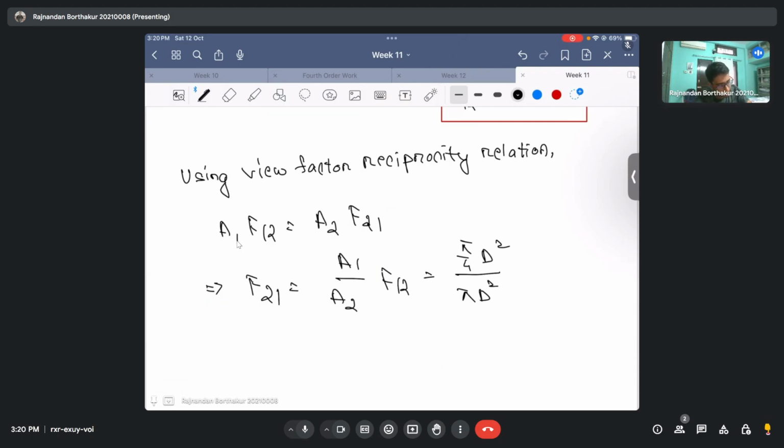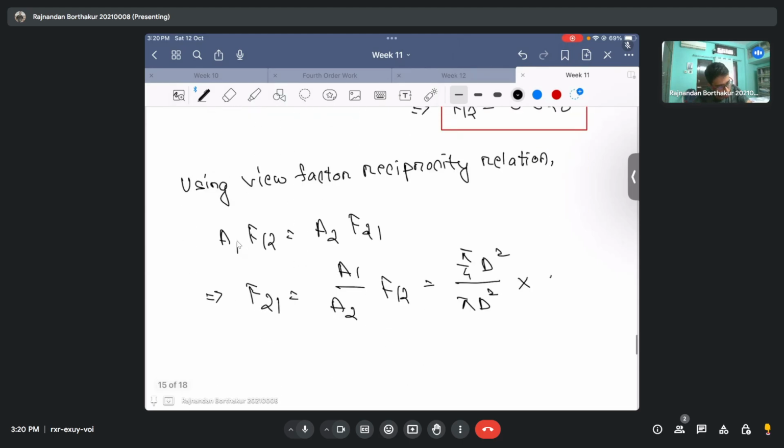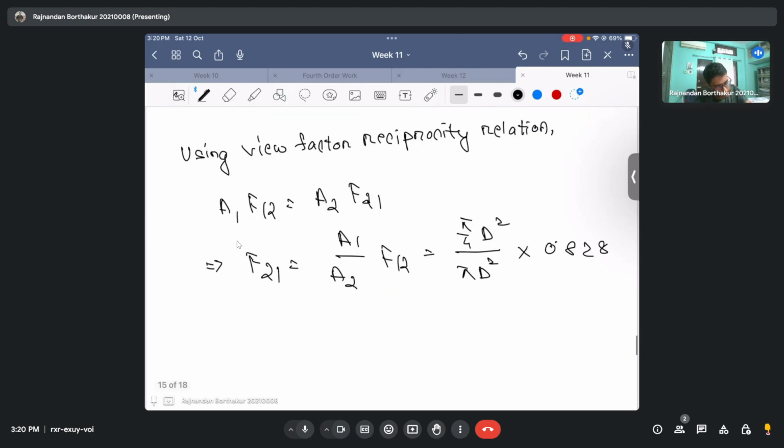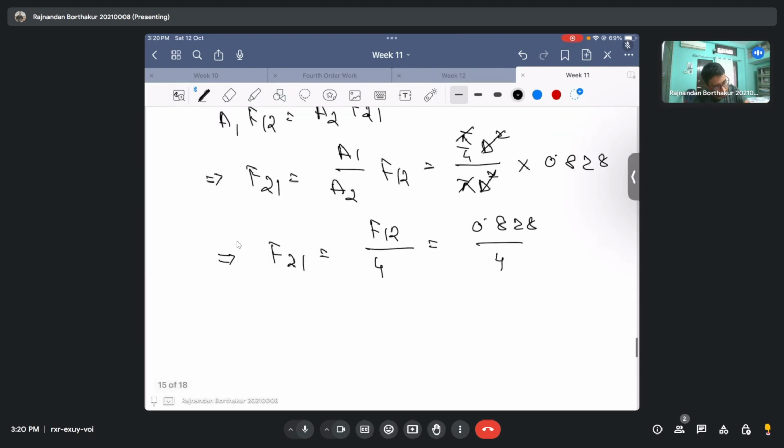Okay, and this times your F12, and your F12 is equal to 0.828, which means this pi and d square will cancel out, which means that your F21 is basically equal to F12 by 4, and that is nothing but 0.828 by 4, which straightforwardly comes out to be around 0.207. That's it. That should be your F21.